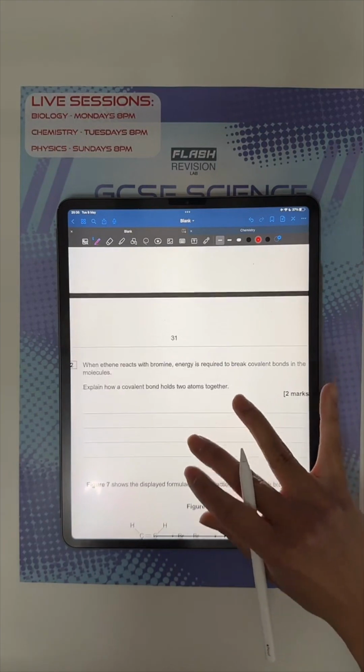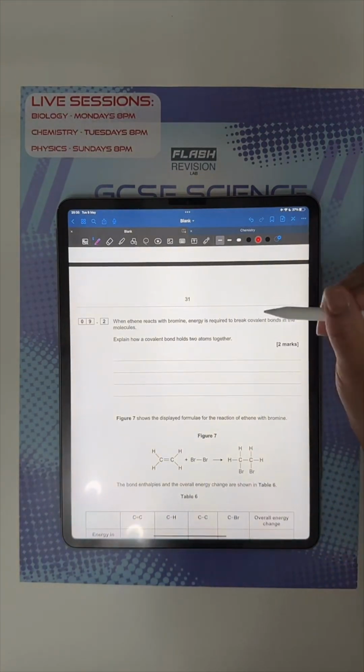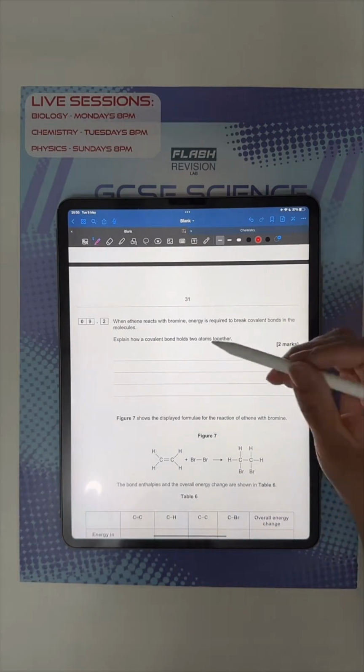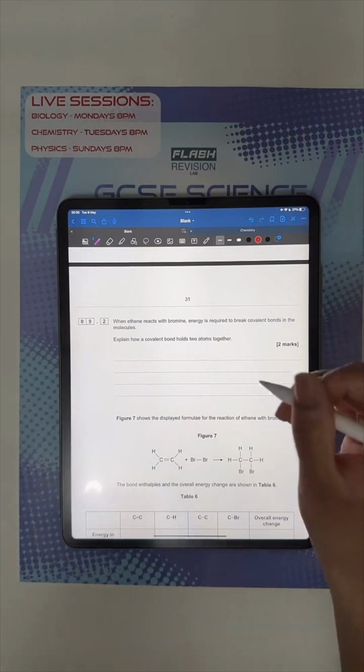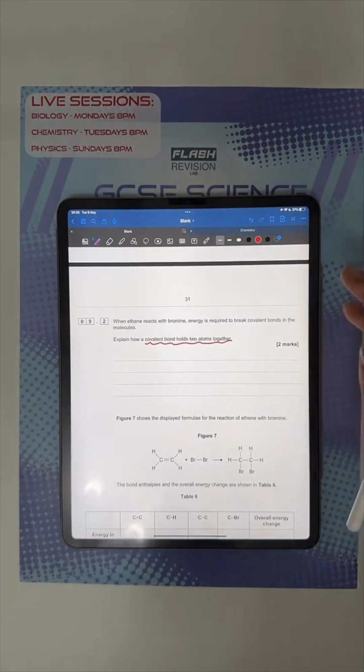Okay, here's a slightly different type of question. When ethene reacts with bromine, energy is required to break covalent bonds. Explain how covalent bonds hold two atoms together. This is a bit of a bonding question as well. How would you do that for 2 marks? What would you say?